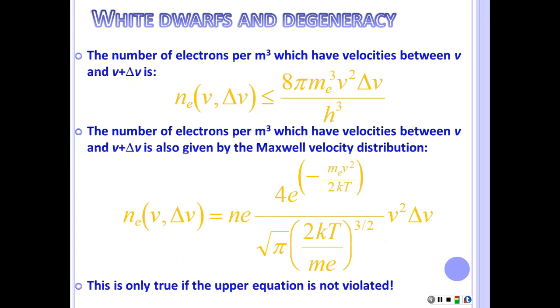Let me just back up a second. I'm going to plot this one, which is the Maxwellian, and this one, which is the limit at which you run out of space to pack them in. So here, this is the velocity of the electrons, and this is the energy, and the electron density. According to n_e max for Pauli, it's up here.